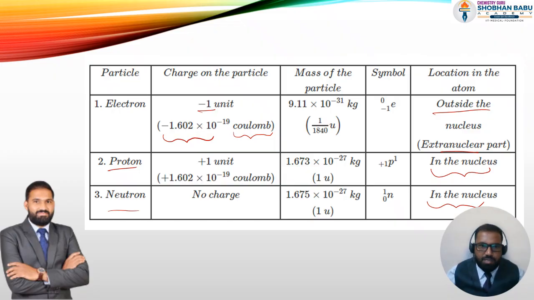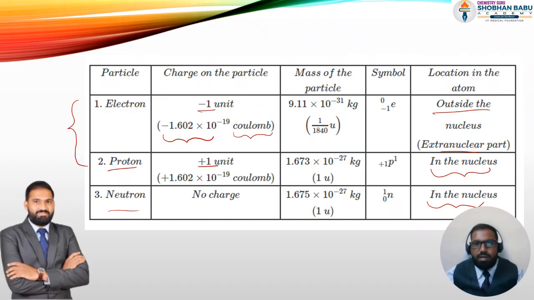Exactly opposite is the positive charge. As we discussed, the +1 charge is plus 1.602 into 10 to the power minus 19 coulombs. Electrons and protons have exactly the same quantity of charge, with opposite signs.